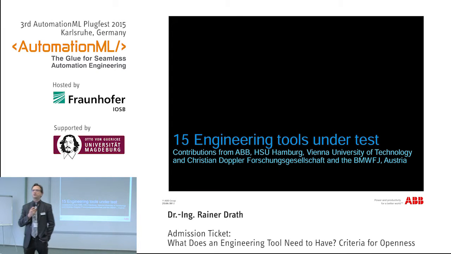With this metric, we started to evaluate first 7 engineering tools, and then we came into discussion with Professor Biffel, who is covering all the Austrian engineering tools. So we finally came up with 15 engineering tools under test.